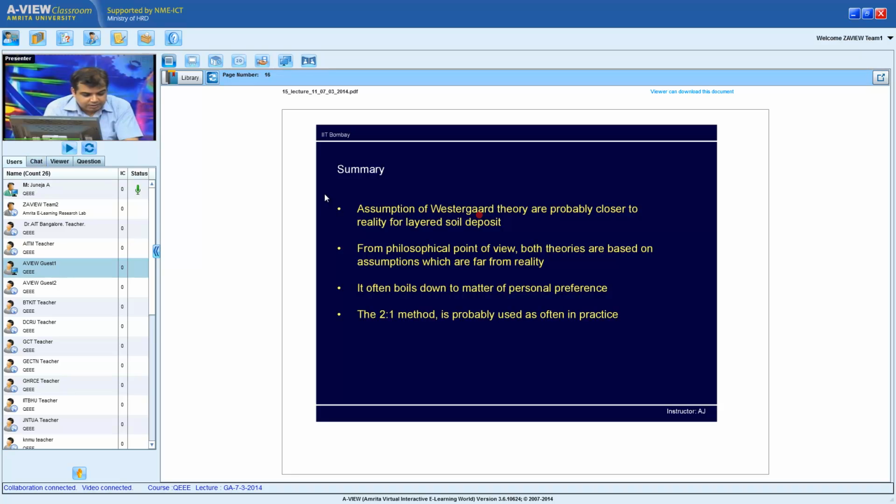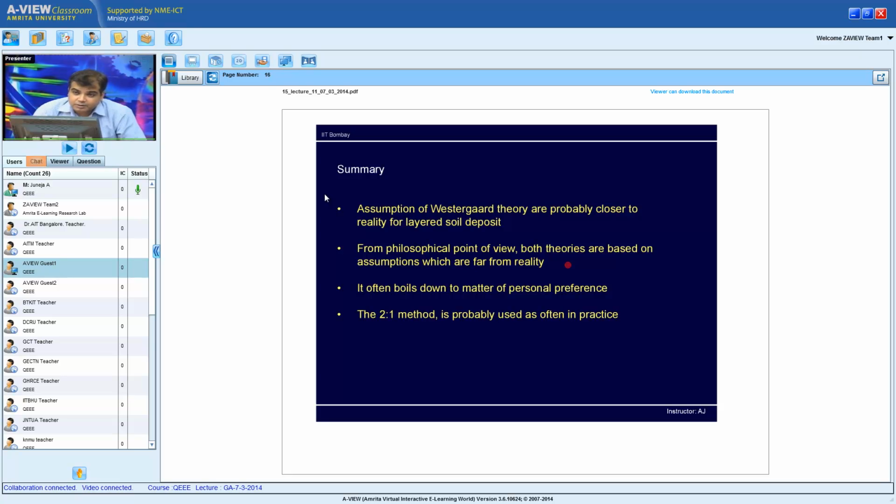So to conclude or summarize this work, we say Westergaard's assumptions are usually much closer to or much more practical for layered deposits. However, both the theories are based on theory of elasticity, which is again far from the correct theory. Soils are not elastic. They will never come back to their original state. There are other cases.